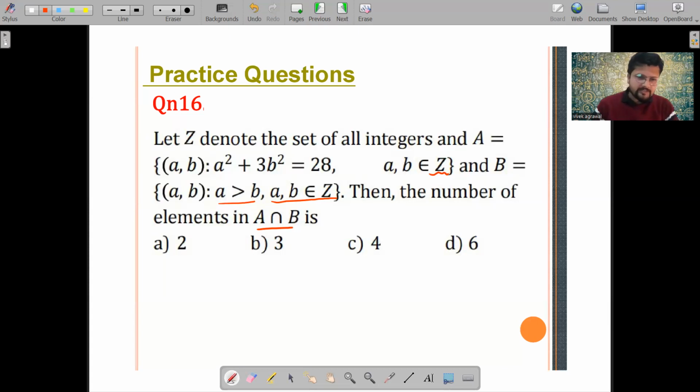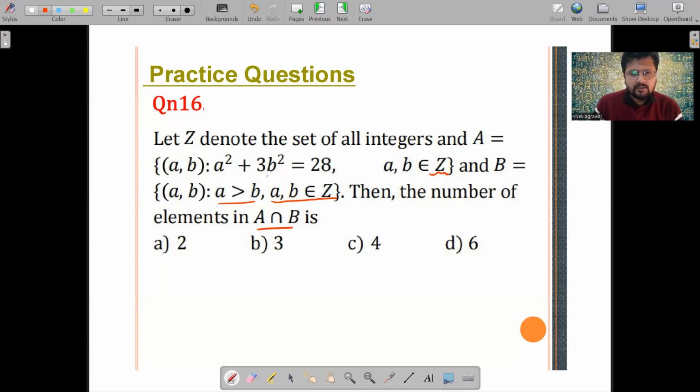How did you get two elements? I tried to put values. I got the max value. I got 5. 5 square is 25 and plus 3 equals 28. So b would be 1.